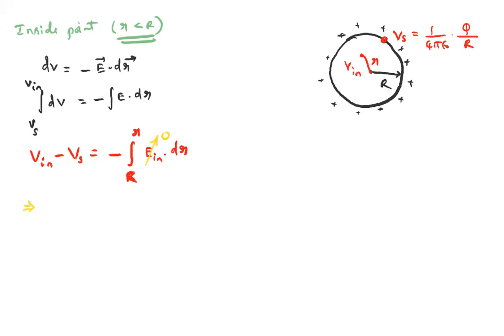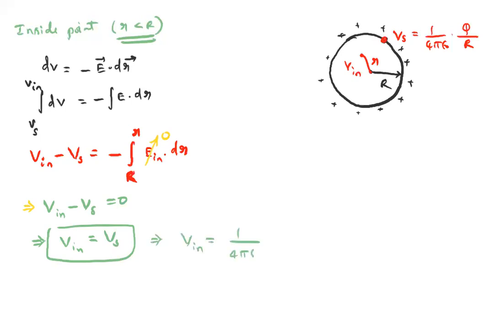That means V inside minus V surface equals 0. That's why V inside is equal to V surface. That means at an inside point, the potential is 1 by 4 pi epsilon naught capital Q by capital R. This is a very, very important result.